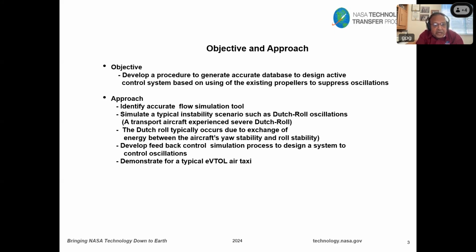There are several instabilities that can happen, but we have taken a typical Dutch roll type of oscillation to demonstrate the whole technology. Mainly, we're going to present a feedback type of simulation process to design the system to control the oscillations, and demonstrate for a typical VTOL how this technology works. Next slide, please.